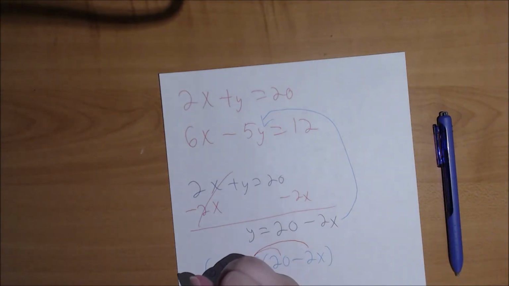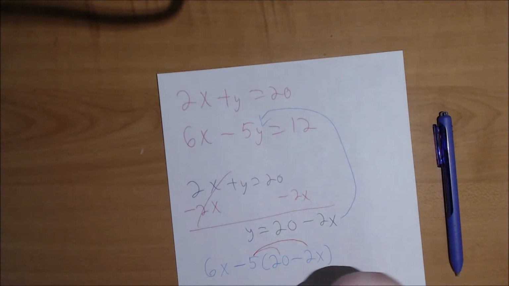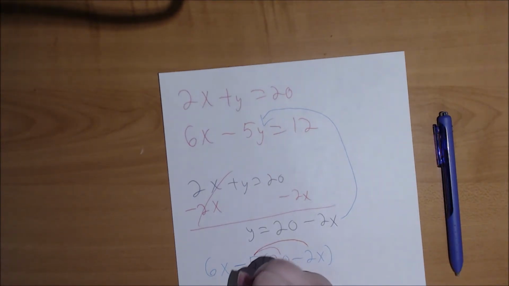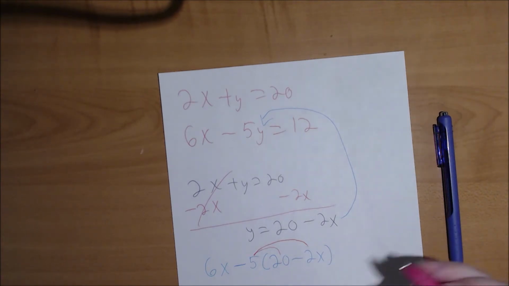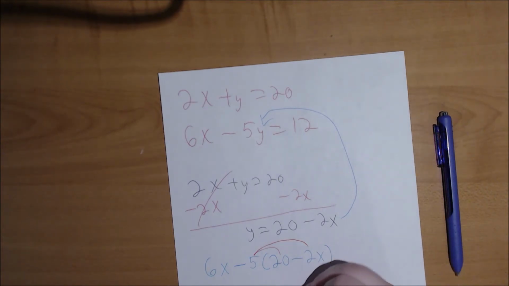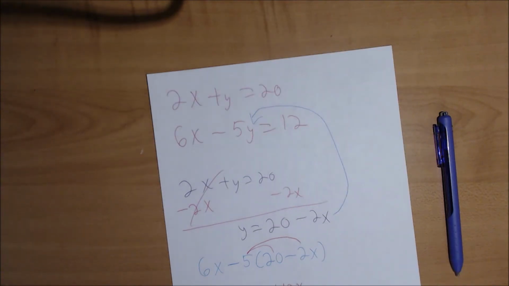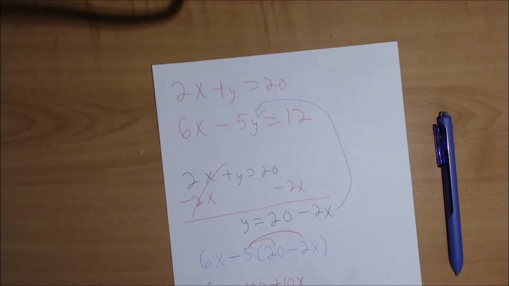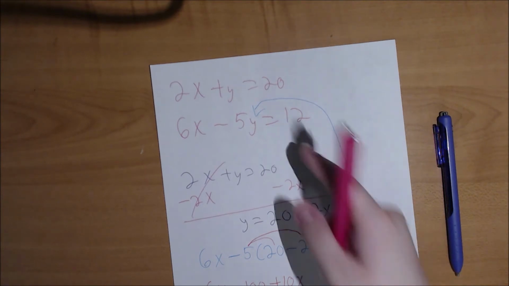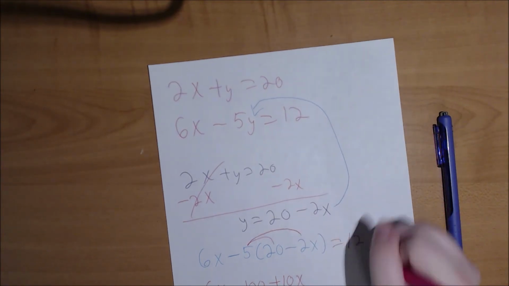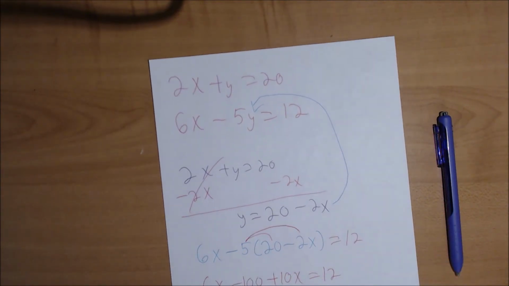I'm just going to bring down my 6x first. So 6x, negative 5 times 20 is negative 100. And then negative 5 times negative 2x is positive 10x. And I almost forgot to write the equals 12. Whoopsies. So I know it equals 12.